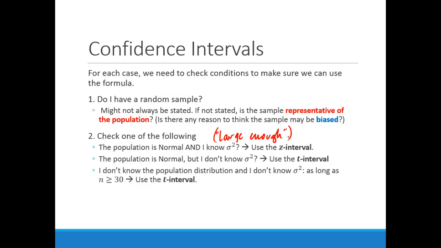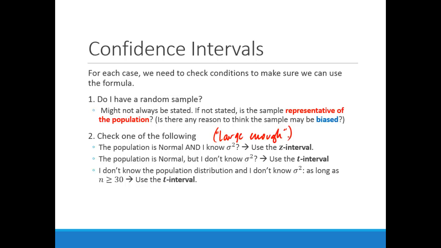And then for the confidence interval for means, you want to check one of these things. Am I told anything about the population distribution? Is it normal, or am I not told anything? And then thinking about if you know what sigma squared is. If I know what the population variance is, that changes which formula I use.